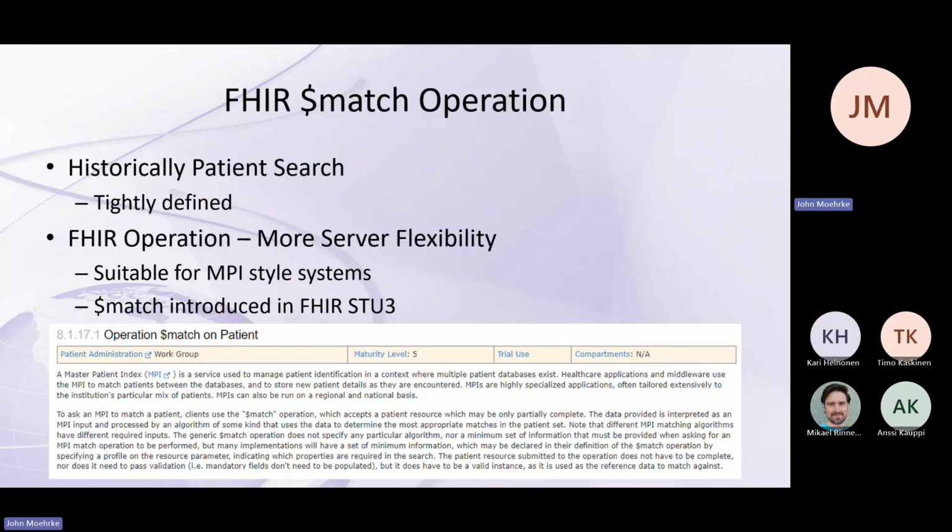So the new thing, and I'm going to start with the new thing, is this $match operation. The original PDQm used the FHIR RESTful search technology, and we used query parameters, and many pushed back on that, saying, if you're using FHIR RESTful search, I have to, as a server, follow the RESTful spec, and I can't be creative about how I apply things.